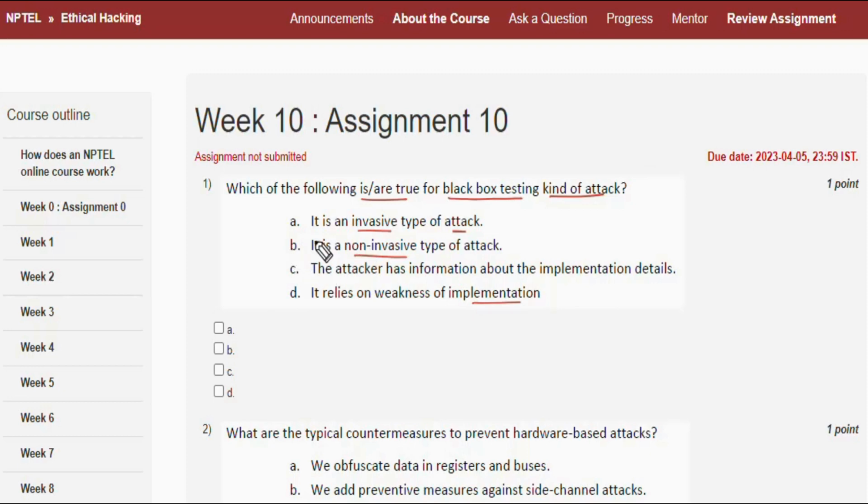Here option B and C will be the correct answer. So I select option B and C.